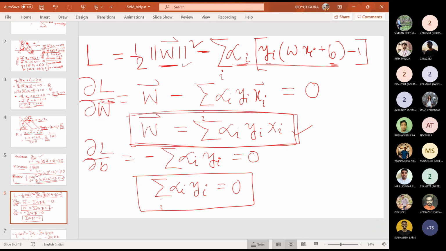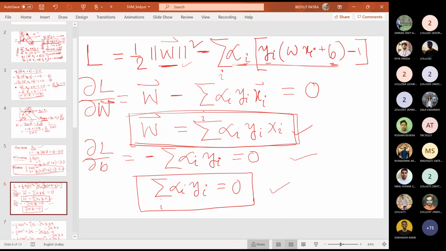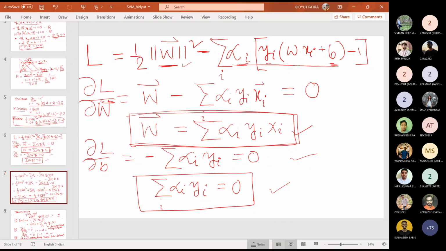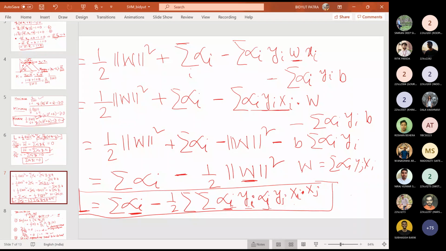Also, dL with b, b is not a vector but a constant, so we get the sum of alpha i yi equal to 0. So here we get two things, and then we put these values in the equation here, and finally we got this big equation.